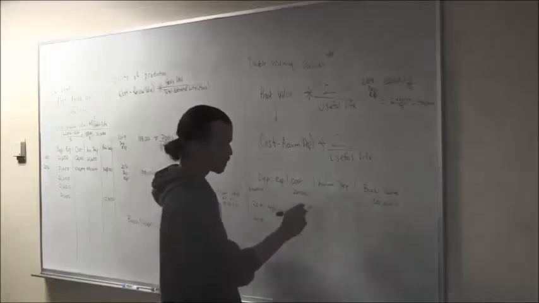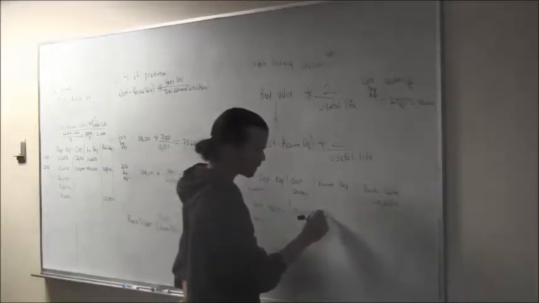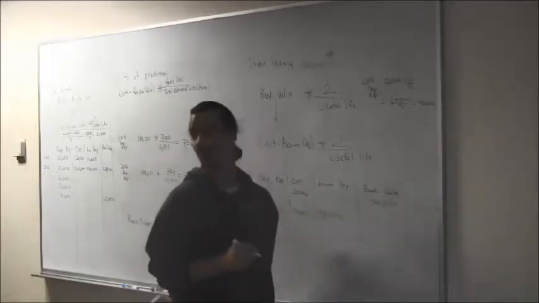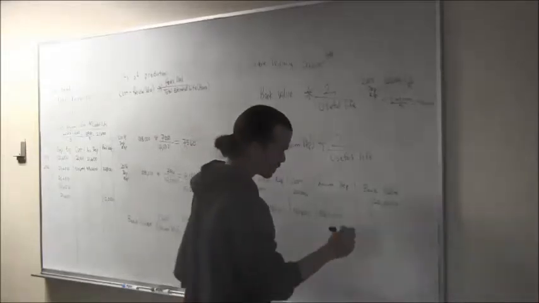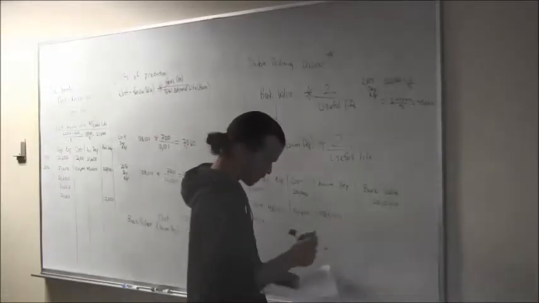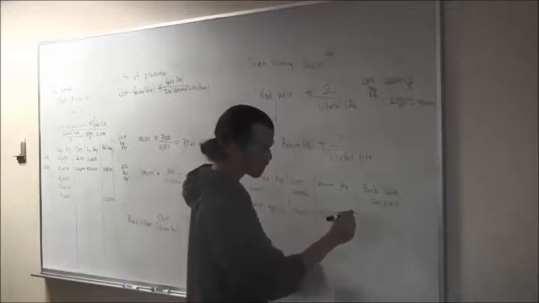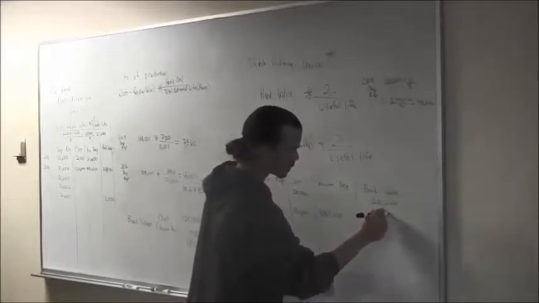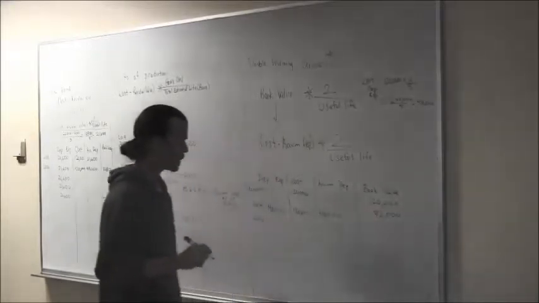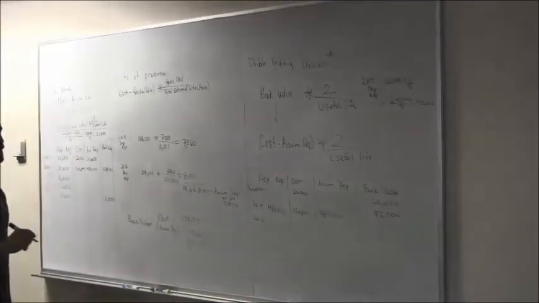That gives us accumulated depreciation of 48,000, which gives us a book value of, I'm sorry, 72? 72,000. Okay? So now 2016.